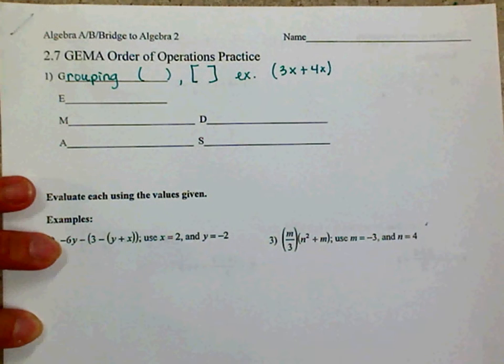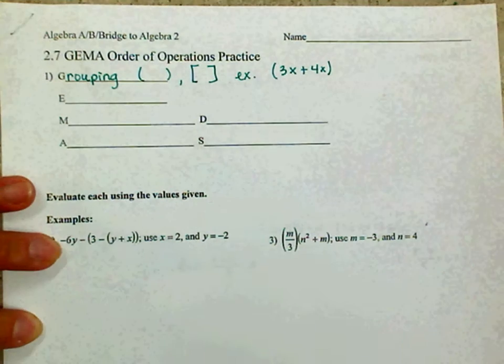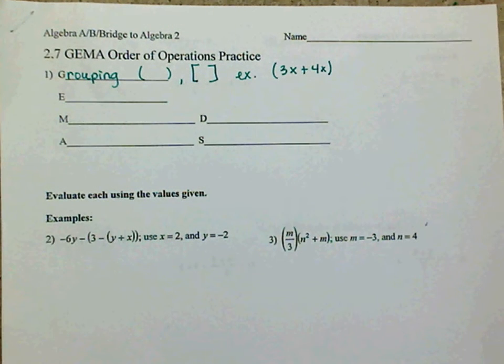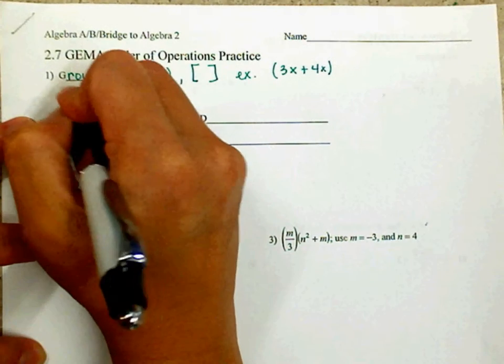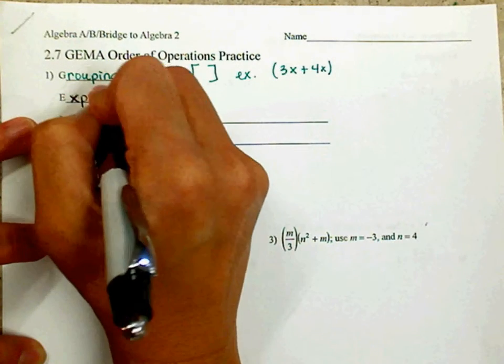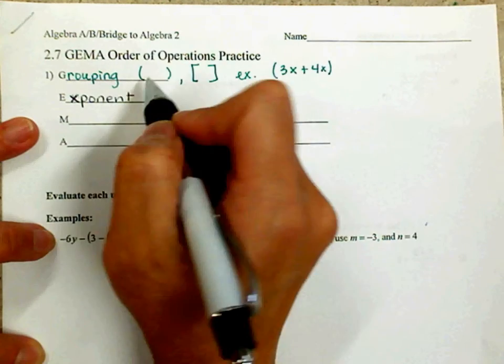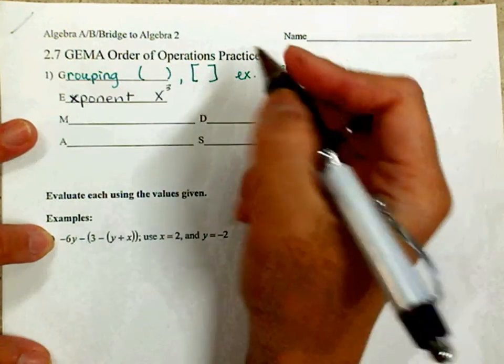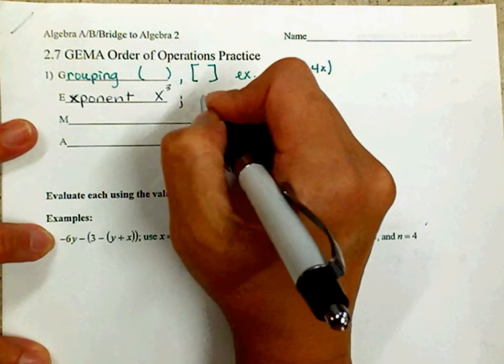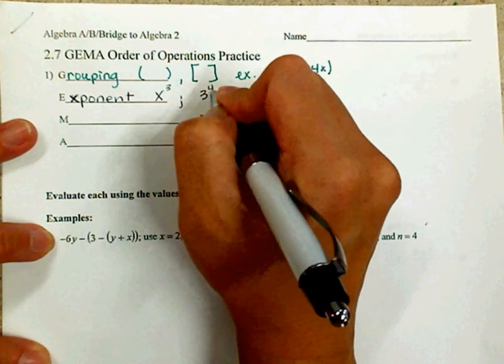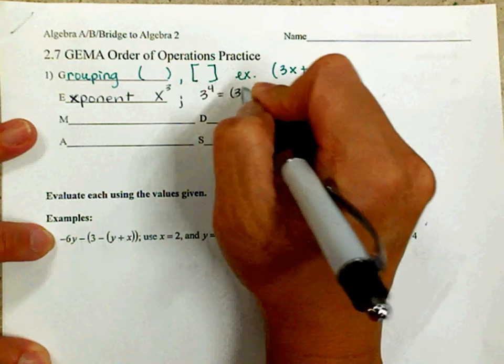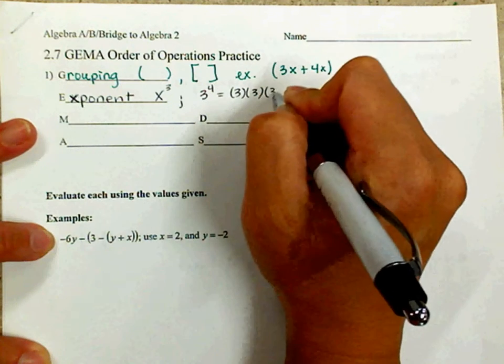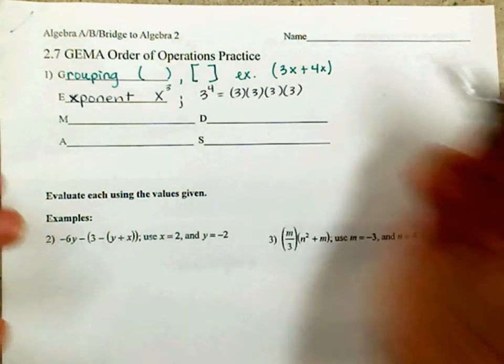That's called grouping. The next part is called exponent. Okay, that's an exponent. And an exponent is just the numbers up here. So, for example, if I have 3 to the 4th, this means 3 times 3 times 3 times 3.